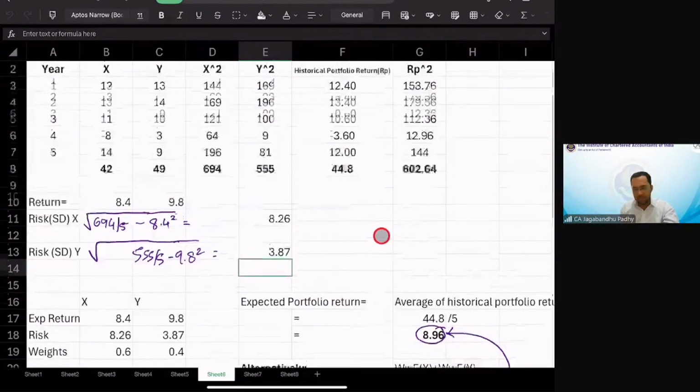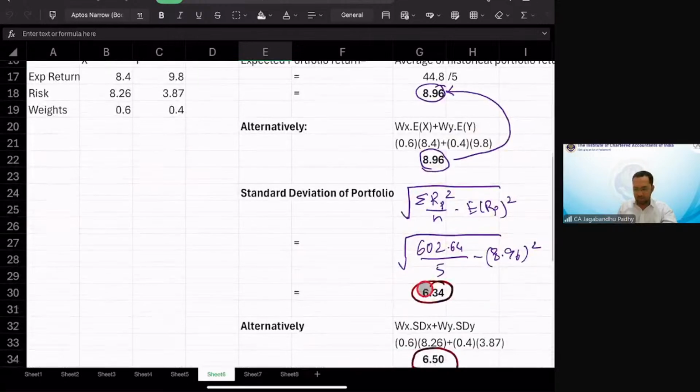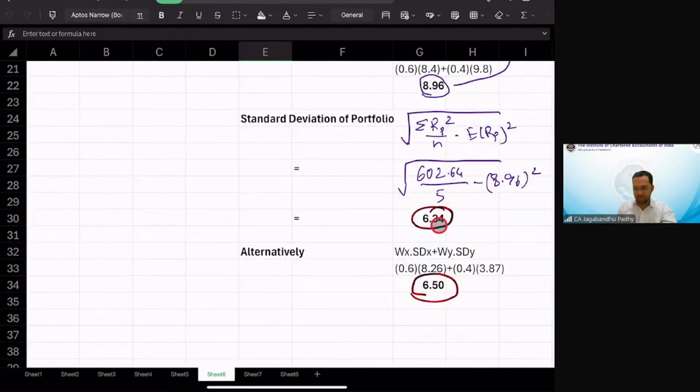But the same thing was not happening when computing the standard deviation. We found some difference between the standard deviation of the portfolio using the historical returns and the standard deviation just taking the weighted average.